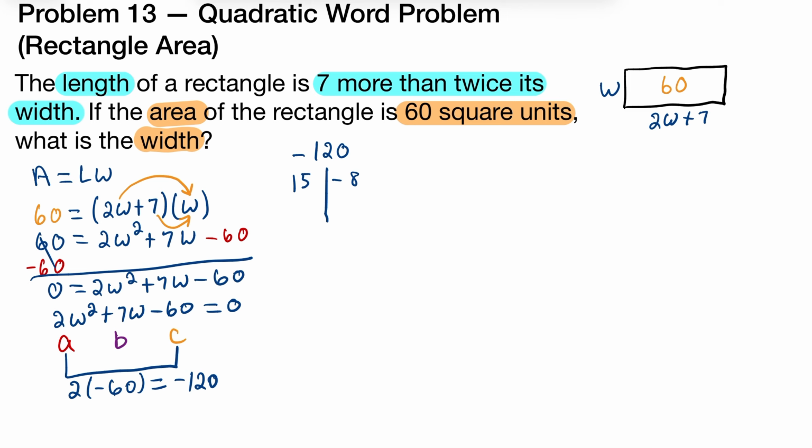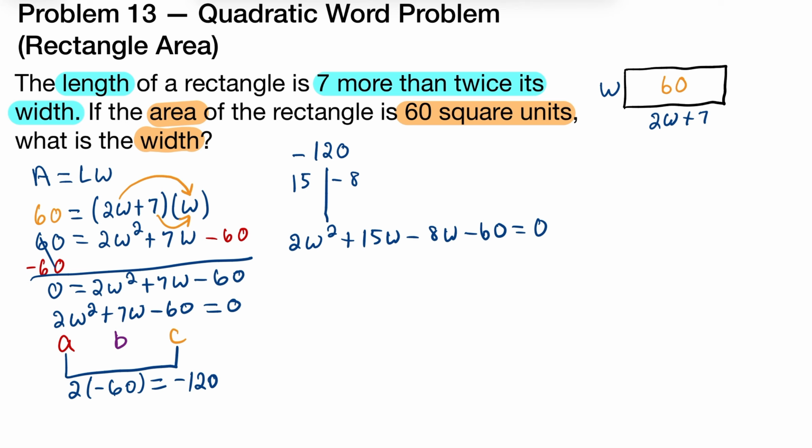So what this means is that we're going to rewrite the middle term using 15 and negative 8. So rewrite the quadratic as 2w squared plus 15w minus 8w minus 60 equals 0.